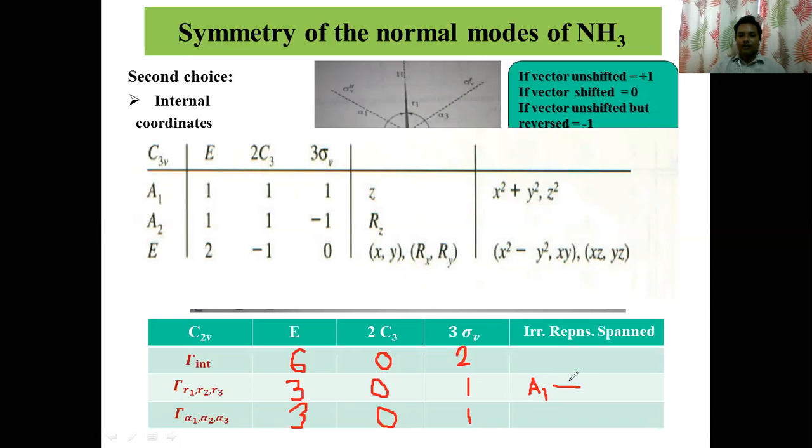So therefore this can be written in terms of A1 plus E. Exactly in a similar way we can get it for this one also, because the numbers are the same.